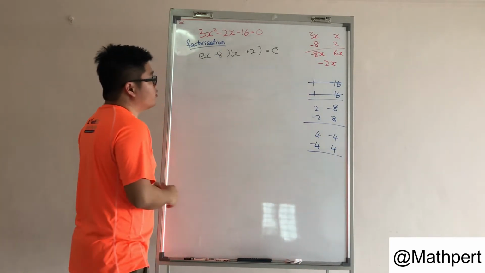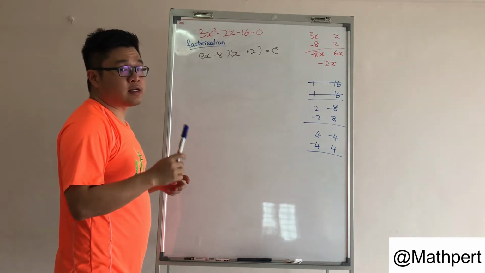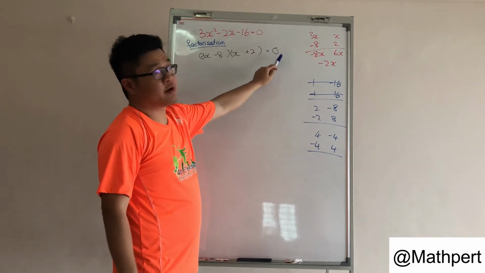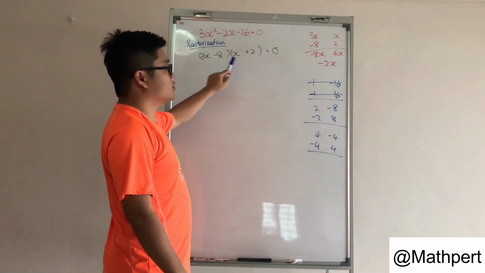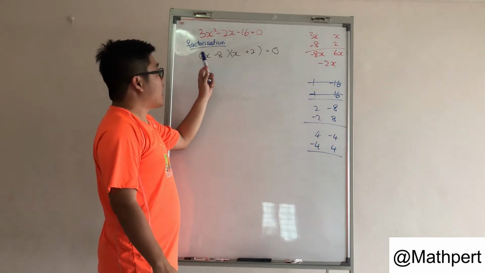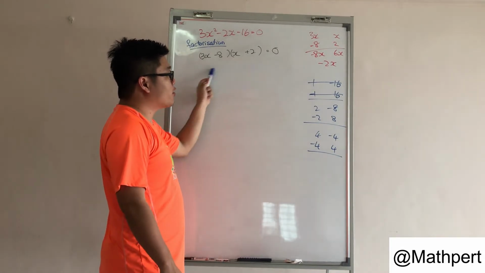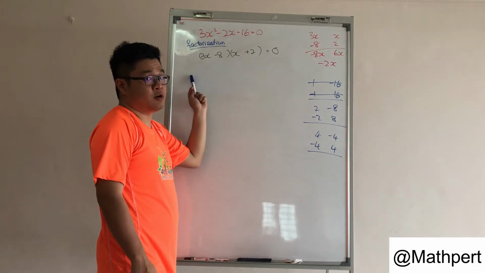Then how do we find the roots? Anything that's multiplied by 0 will become 0. The right hand side of the equation is 0, and this is two brackets. Meaning if either one of these brackets equals 0, the whole left hand side will be 0.